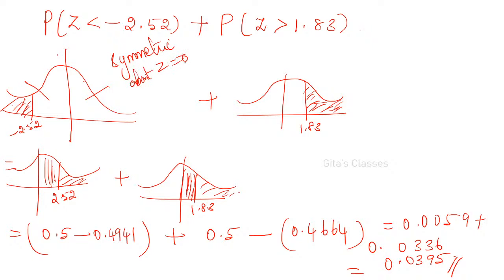So whatever is there on the left hand side, the same thing can be written on the right hand side. Because it is symmetric, I can write minus infinity to 2.52 as 2.52 to infinity. Whether it is on this side or this side, both are the same. These two are equal. Got it? Since it is symmetric, I can write it like that. Hope you understood.